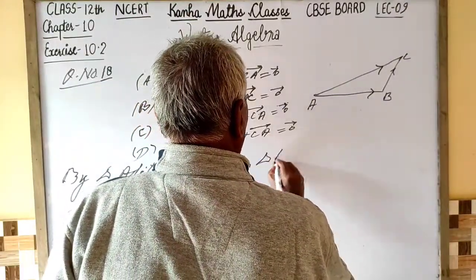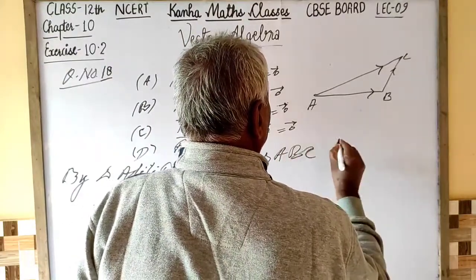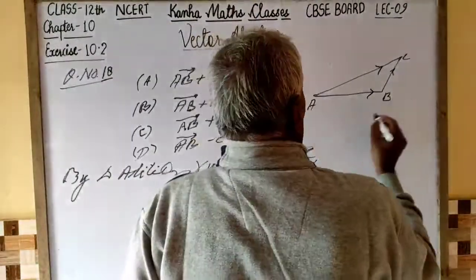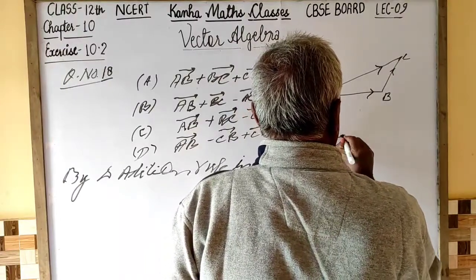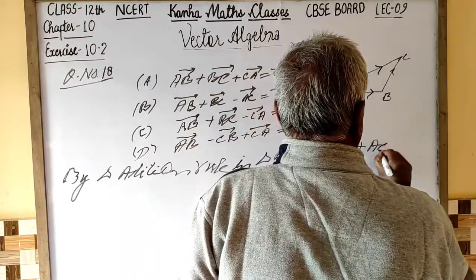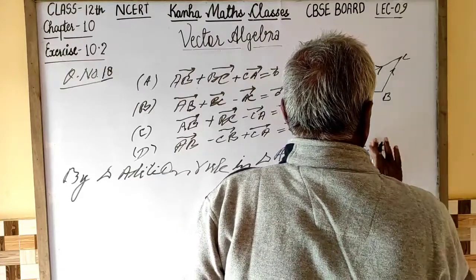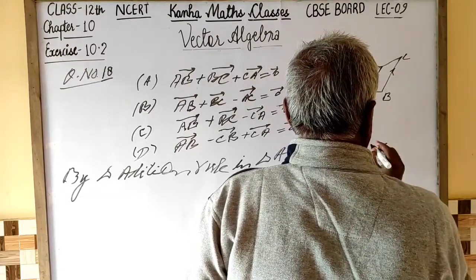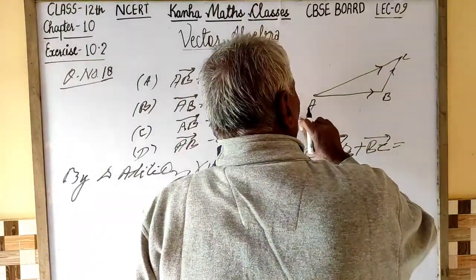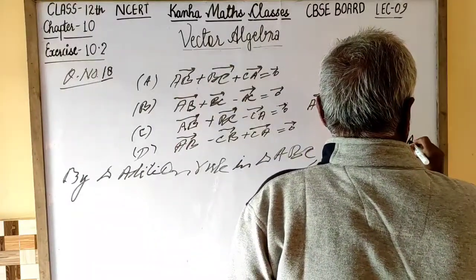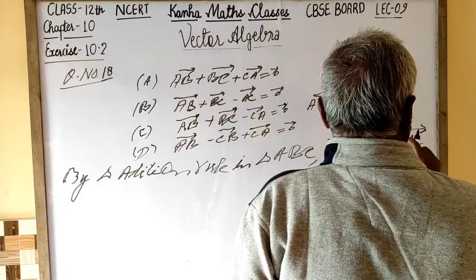In triangle ABC, vector AB plus vector BC is equal to vector AC. This is the triangle addition rule of vectors.